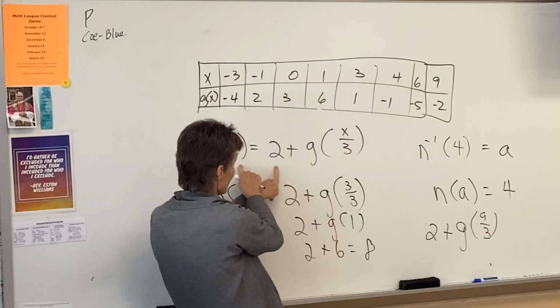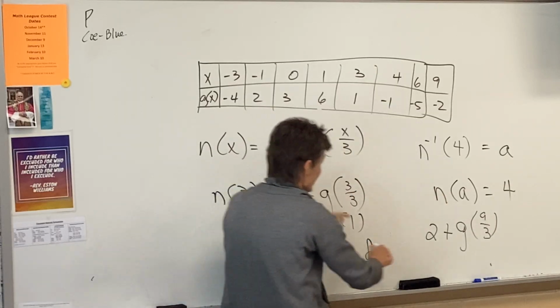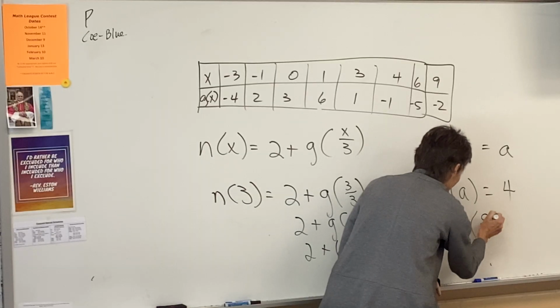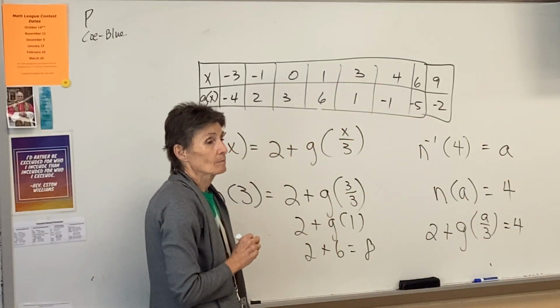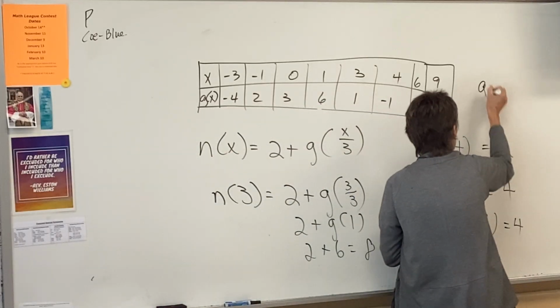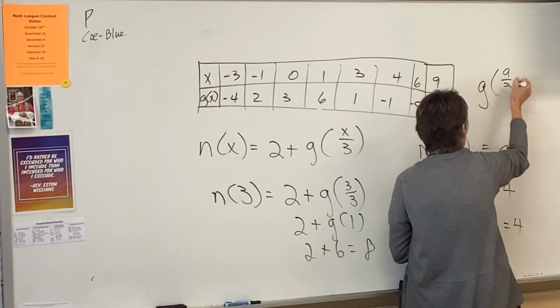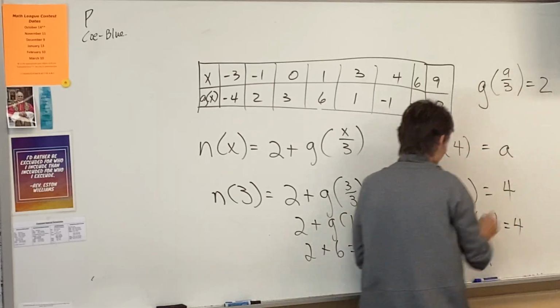I'm finding n of A, so 2 plus g of A over 3, and that has to equal 4, which means that g of A over 3 has to equal 2, if I just solve this.